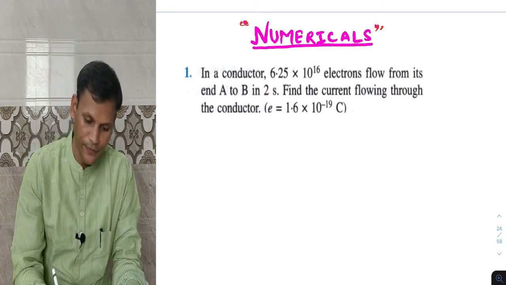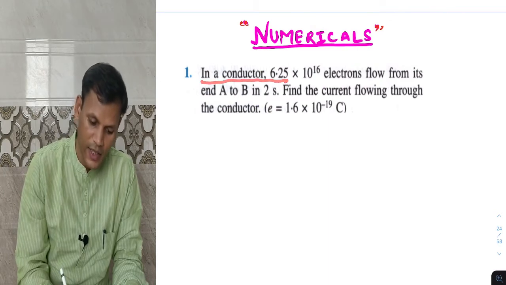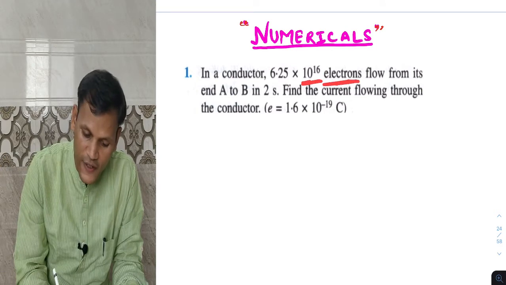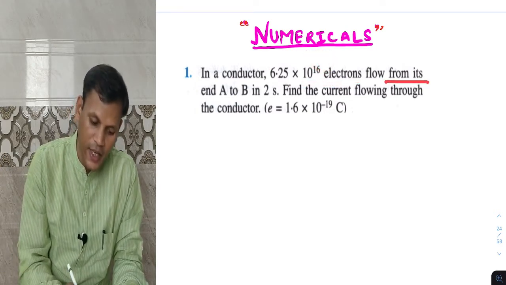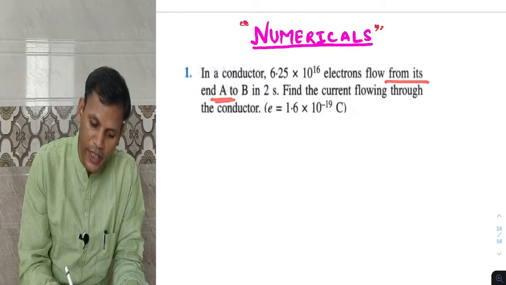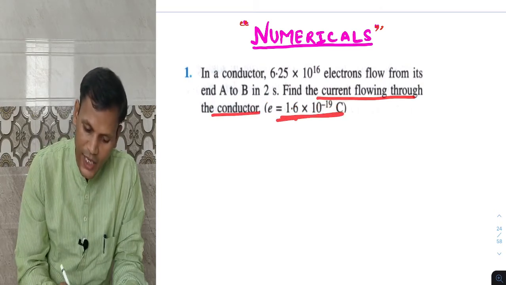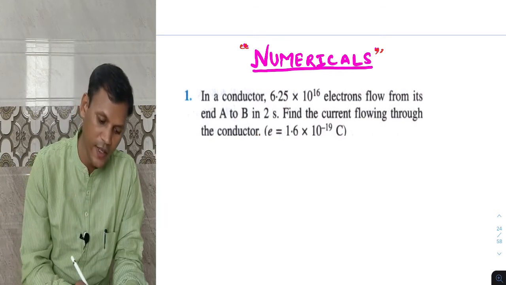What do we have? In a conductor, 6.25 into 10 raised to 16 electrons, this is the number of electrons N, flow from end A to B in 2 seconds. Find the current flowing through the conductor if the charge on an electron is 1.6 into 10 raised to minus 19.